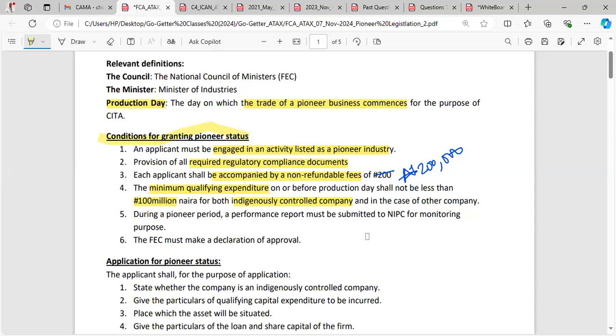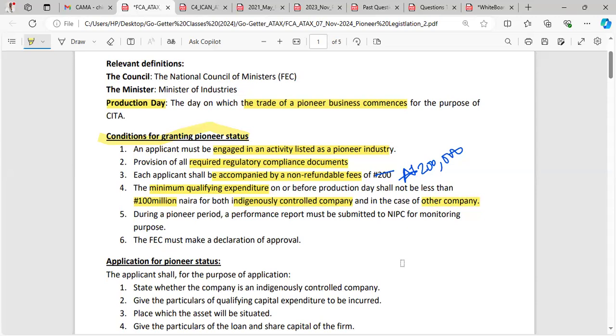And MTN is not indigenously controlled, but because it is trading in Nigeria and providing this service in Nigeria, that is what they mean by the case of other company. So both the ones that are not indigenously controlled and the ones indigenously controlled will have to meet that minimum qualifying expenditure requirement.